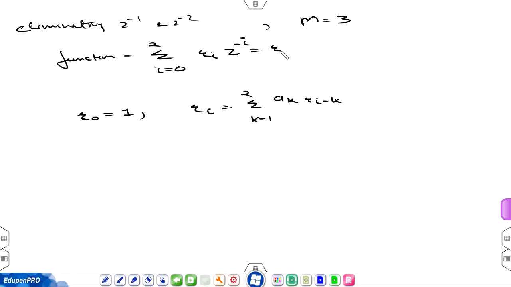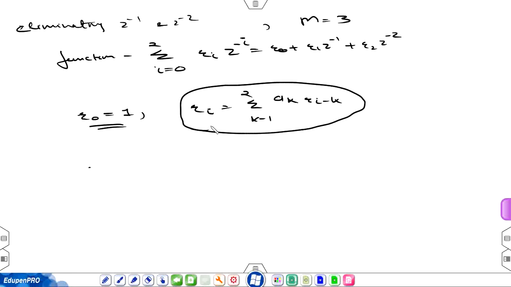So this will be r_0 plus r_1 z^-1 plus r_2 z^-2. So r_0 is 1. By this formula we will calculate r_1 and r_2.